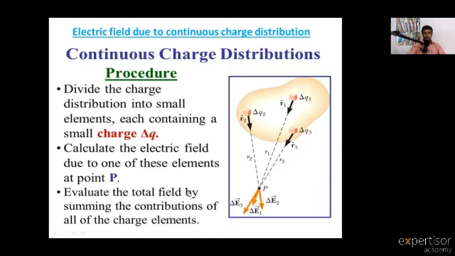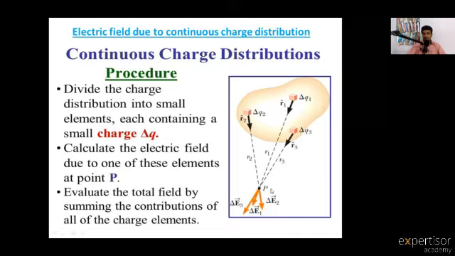Next, evaluate the total field by summing the contributions of all the charge elements. This is similar to the superposition principle. So at point P there is a resultant electric field, that is delta E, the total electric field.